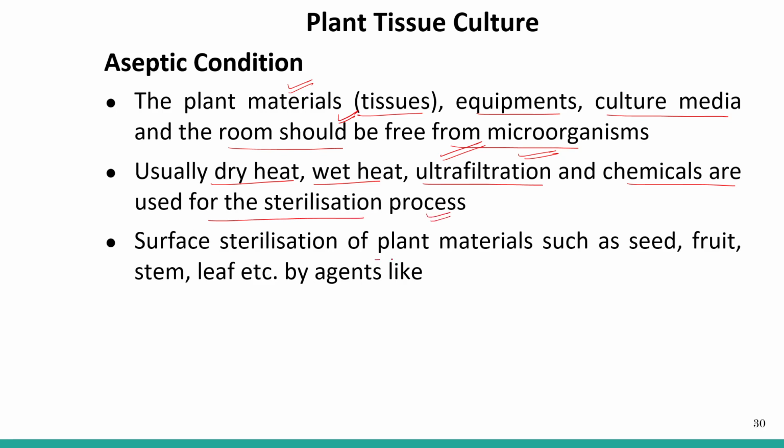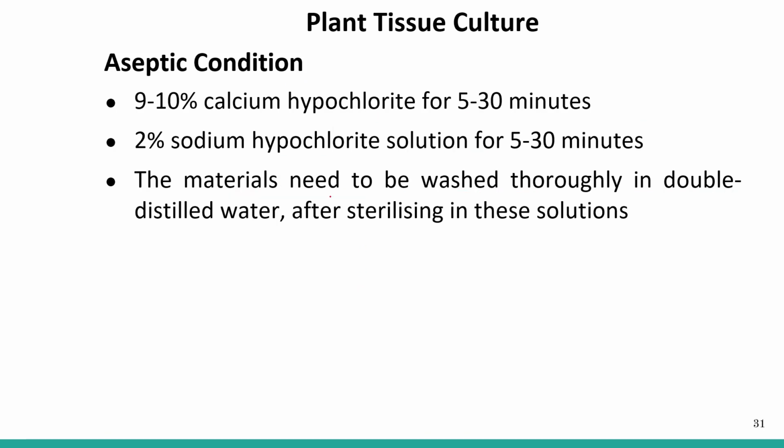Surface sterilization of plant materials such as seed, fruit, stem, leaf, etc. is done by agents like 9 to 10% calcium hypochlorite for 5 to 30 minutes. So this particular chemical is used for the sterilization of the plant tissue. 2% sodium hypochlorite solution is also used for 5 to 30 minutes. The material needs to be washed thoroughly in double distilled water after sterilizing with the solution.